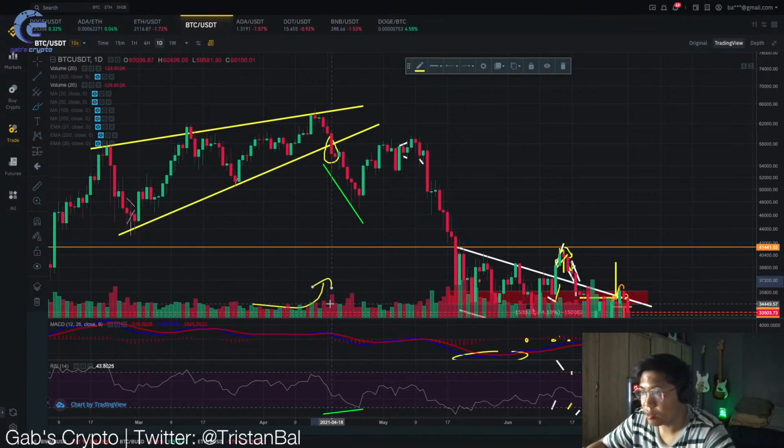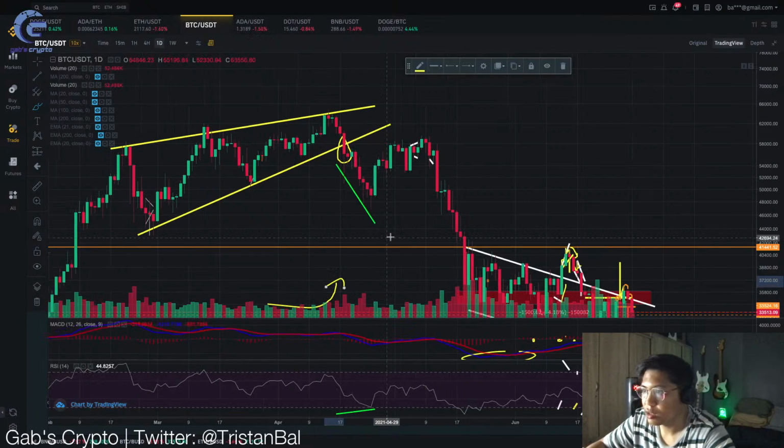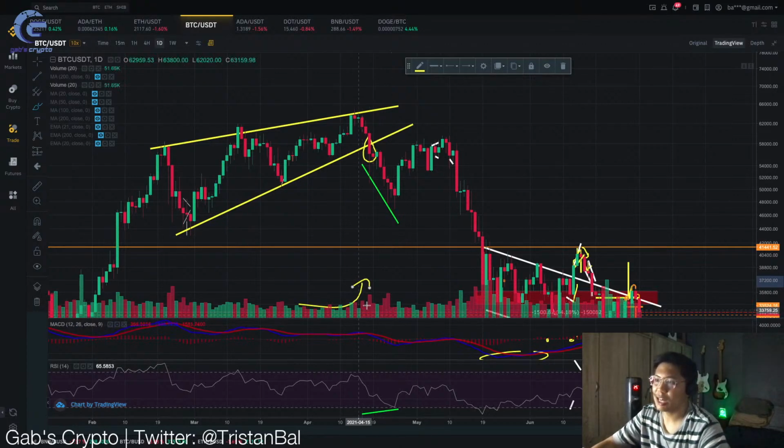Since mas maraming sell volume dito, ibig sabihin nun, tutuloy-tuloy ito pababa. And nangyari ngayon, tuloy-tuloy siya pababa kasi mas mataas yung ating sell volume dito. So ganun yung dapat makikita natin. If pababa siya, dapat mas mataas yung sell volume. If pataas, dapat mas mataas yung kanyang buy volume kung pataas yung breakout.